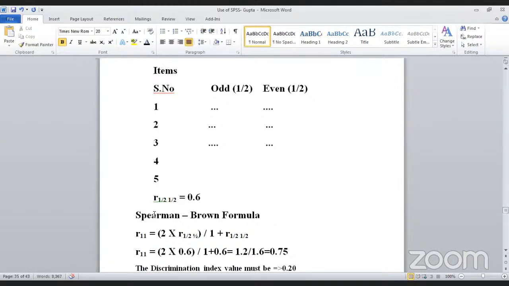Now you have seen that a split half is slightly better than the test retest, but there are some restrictions, because in the test retest, it doesn't matter whether all items are having the same difficulty level or different difficulty level, whether the items are odd number or even number, whether for one aspect there might be 2 items or for another aspect there might be 5 items, it doesn't matter.